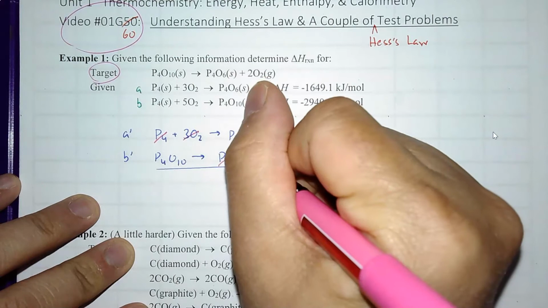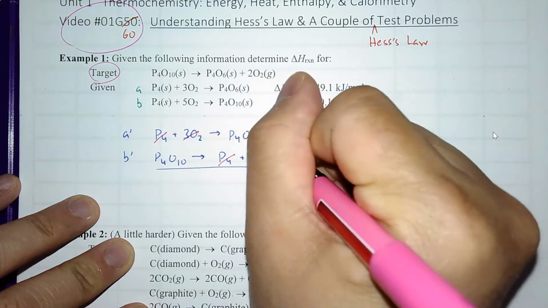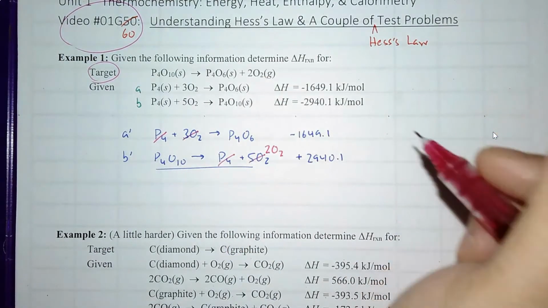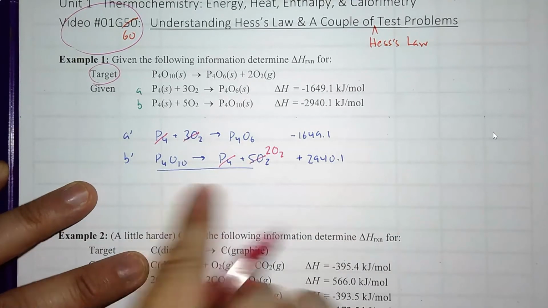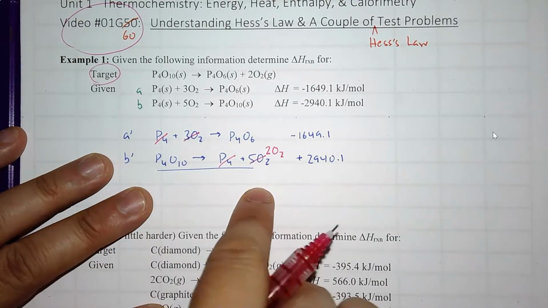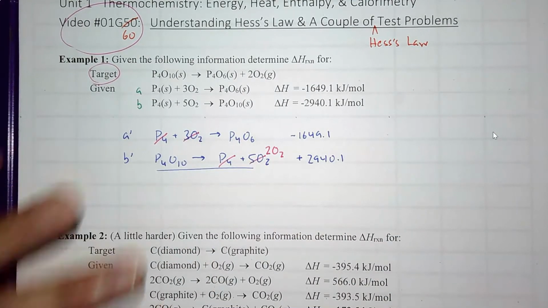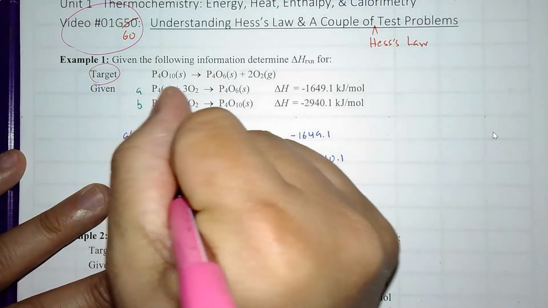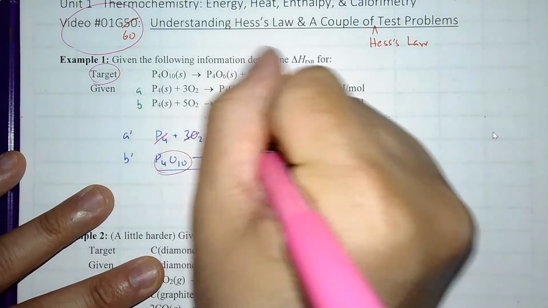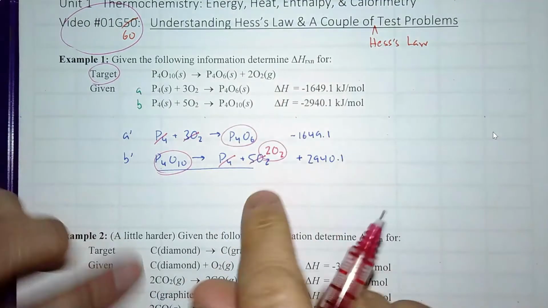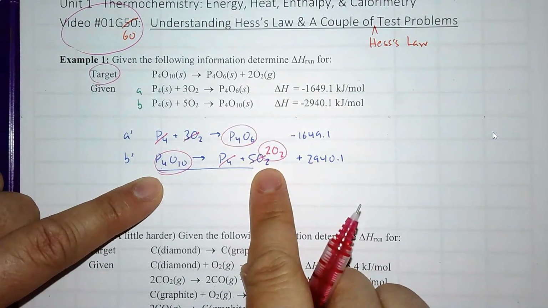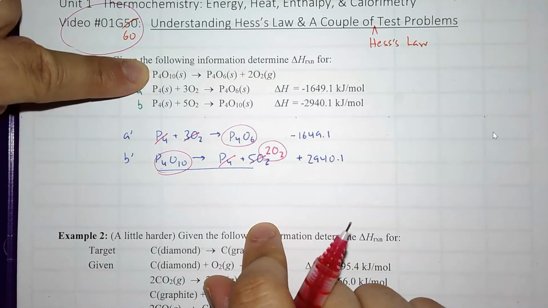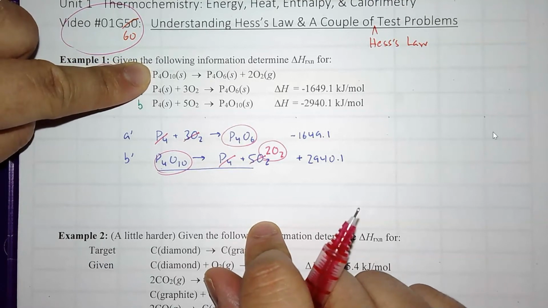So all of these 3O2 on the left go away, and we are left over with 2O2. Since I'm not rewriting this and canceling out under the line, what we can do is circle everything that's left over and realize that those chemicals are in the target, on the right side and with the right coefficient.